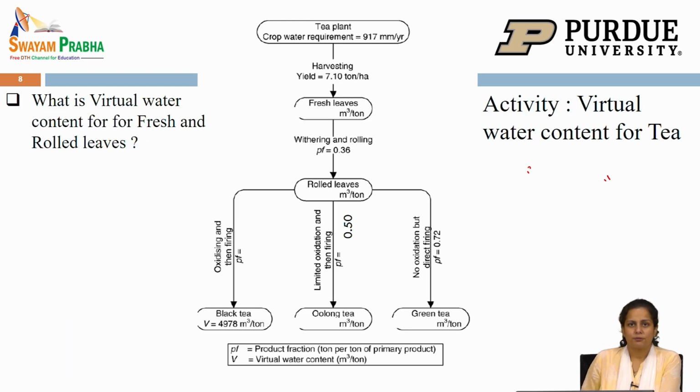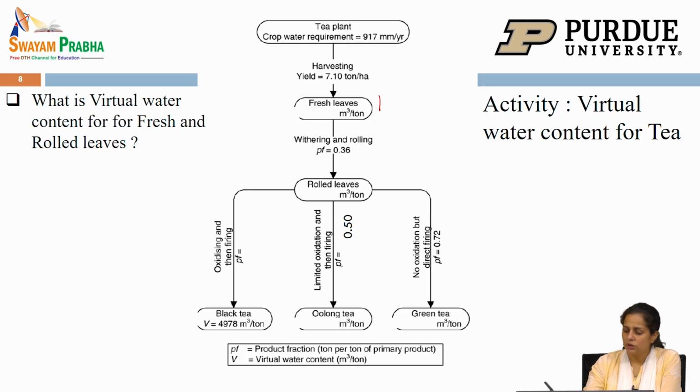Okay, so now we have to calculate the virtual water content for fresh and rolled leaves. You can see that here the fresh leaves are formed by just the harvesting. So, what we need to know is the total water input to the process and the actual harvest.